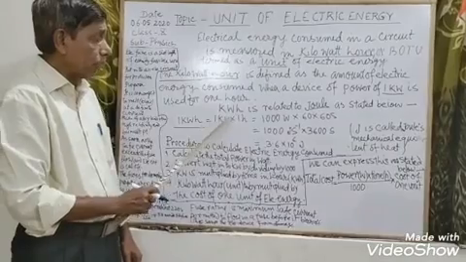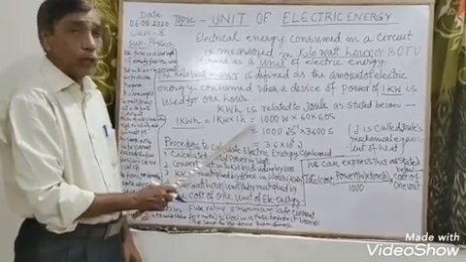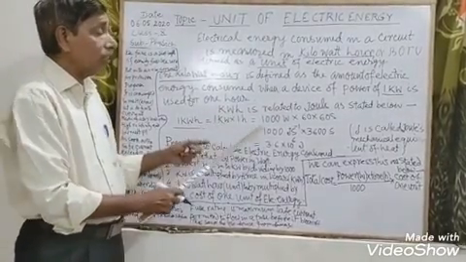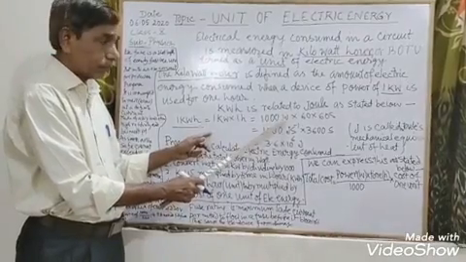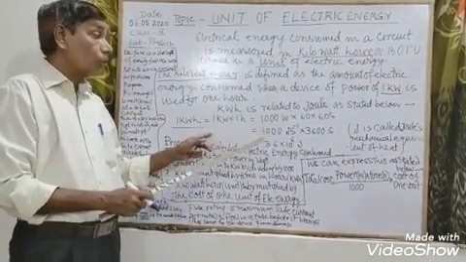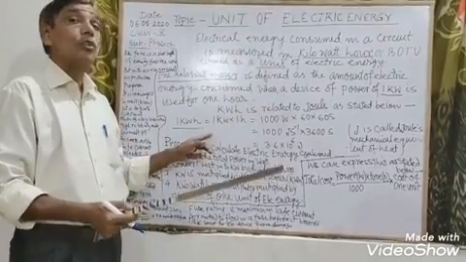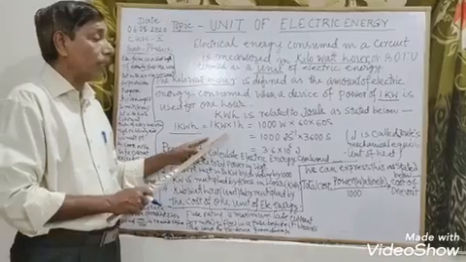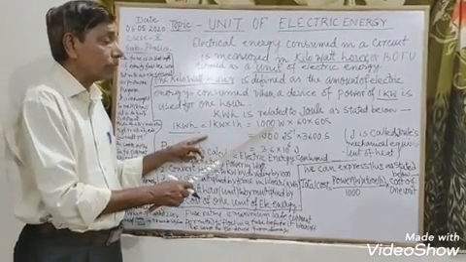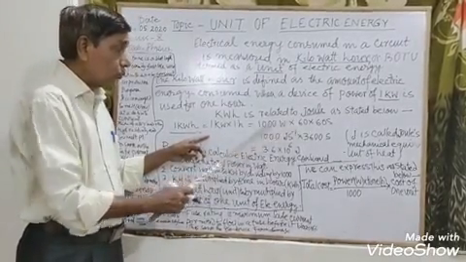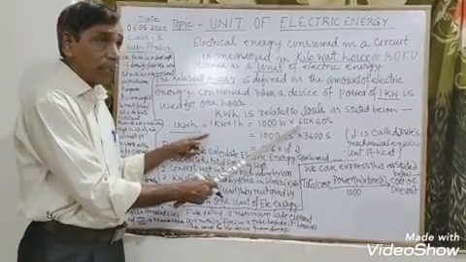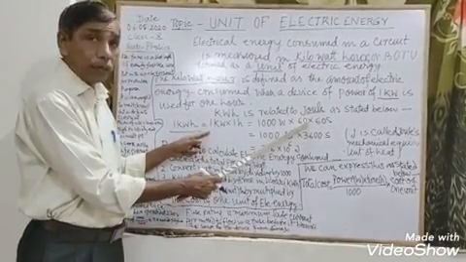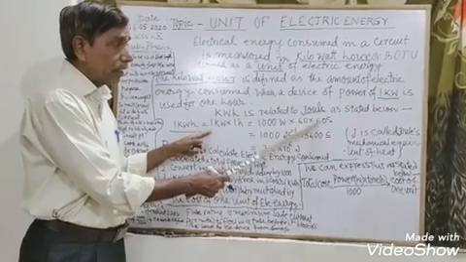So 1 kilowatt into 1 hour is equal to 1000 watt into 1 hour, that is 60 minutes, and 60 seconds is equal to 1 minute.